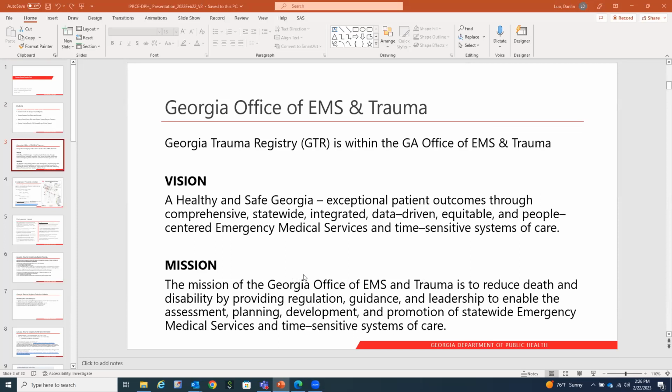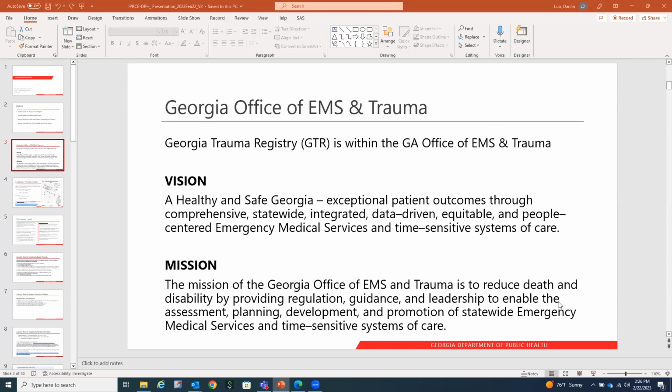Vision: a healthy and safe Georgia, exceptional patient outcomes through comprehensive, statewide, integrated, data-driven, equitable, and people-centered emergency medical services and a time-sensitive system of care.